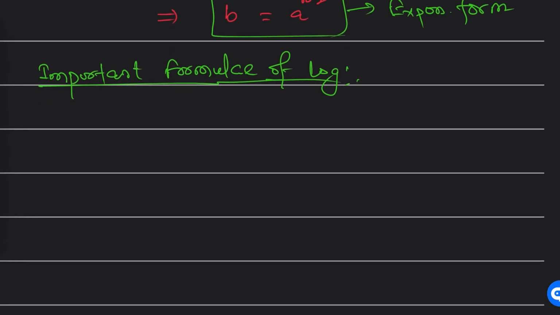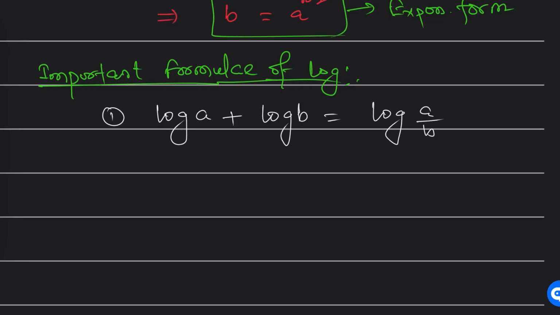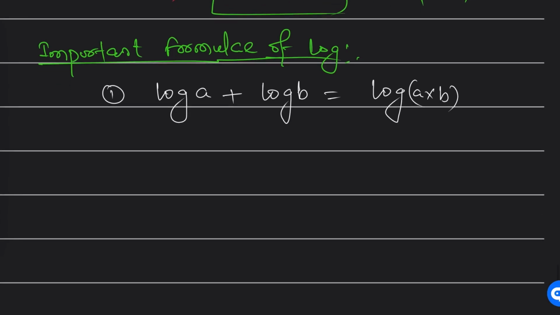If base is anything, then you can write the first formula: log of a plus log of b is equal to log of a into b, a multiplied by b.